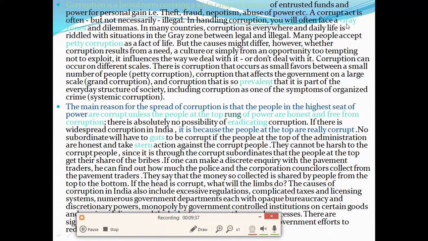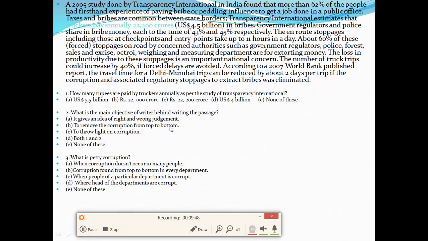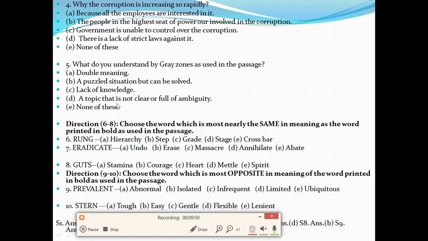Here it is written, "you will often face gray zones and dilemmas." So the meaning of gray zones and dilemmas is the same. Here you can take the fourth option, because the exact meaning of gray zones is not written.